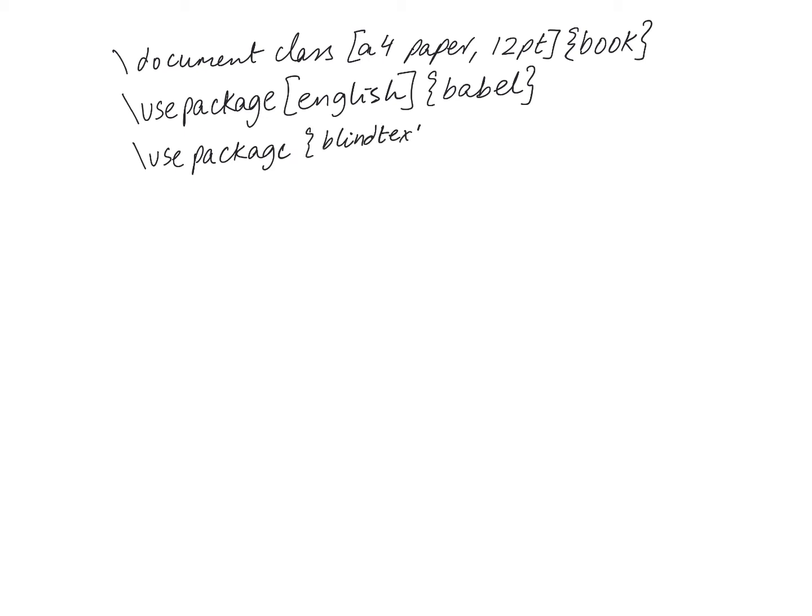So this is just text that is being generated automatically. But you can create your own text. You don't need this package if you're using your own text. So the first part, as we spoke earlier, this is your preamble.